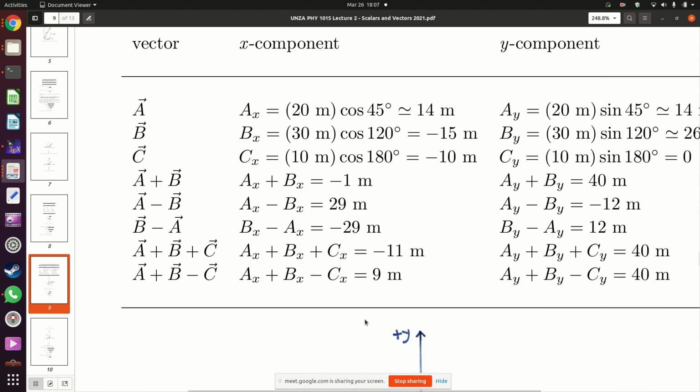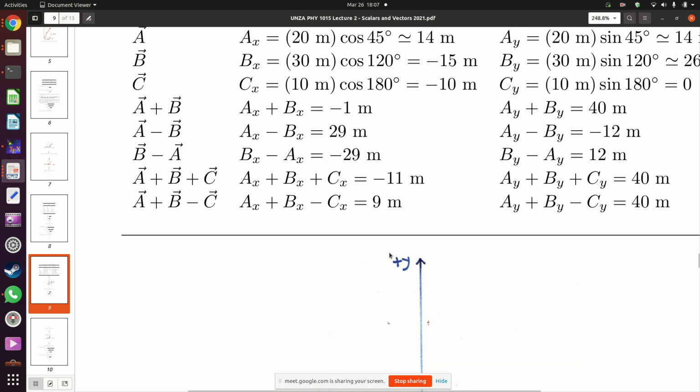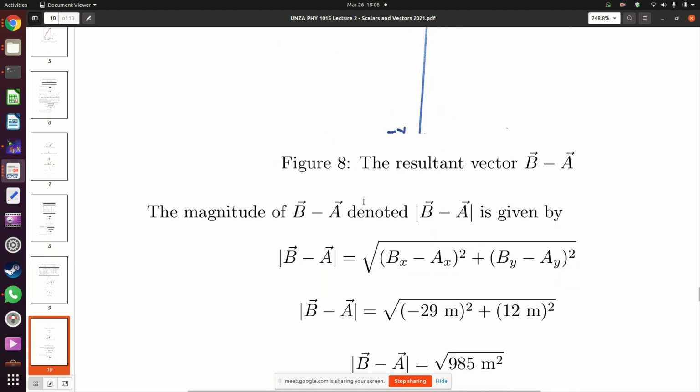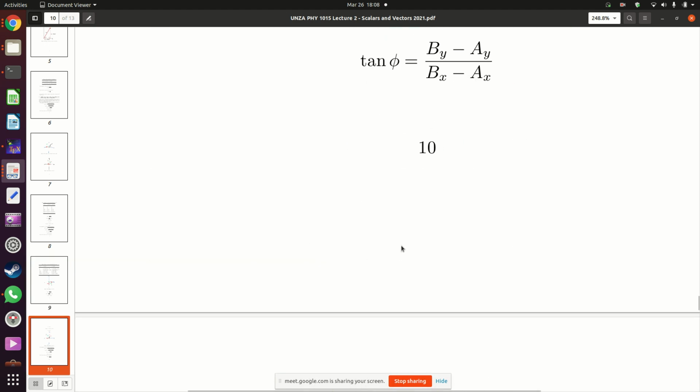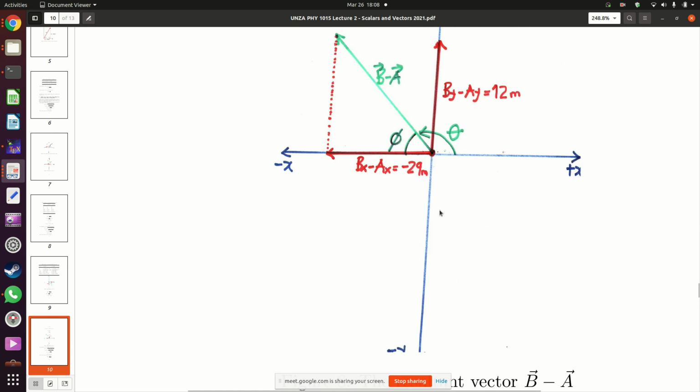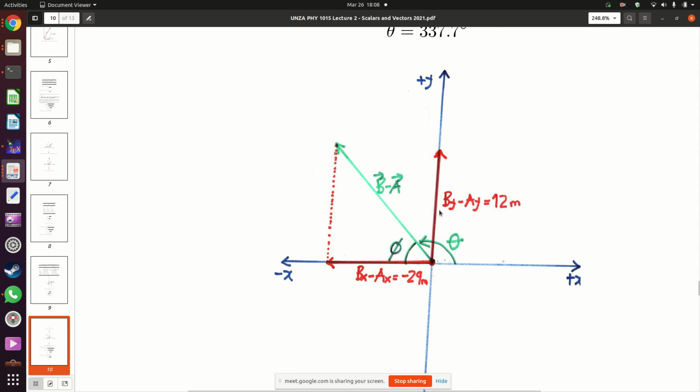After finding the size of b minus a to be 31.4 meters, the next thing we do is plot the x components and the y components. So bx minus ax is minus 29 meters. That's what you've drawn here. It's negative, so it's pointing along the negative x-axis.